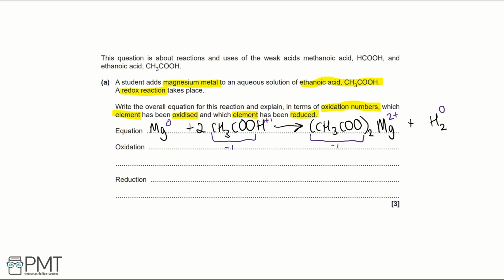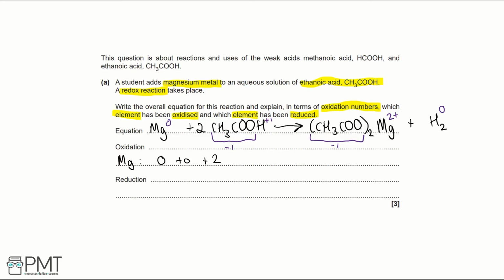Now we need to look at which element is being oxidized. So oxidation is the loss of electrons, so that's going to be an oxidation number increase, so it's going to get bigger. And that's going to be magnesium. So magnesium is being oxidized because its oxidation state is going from 0 to +2, as we can see in the equation in purple.